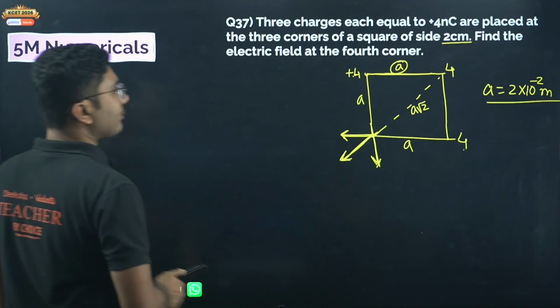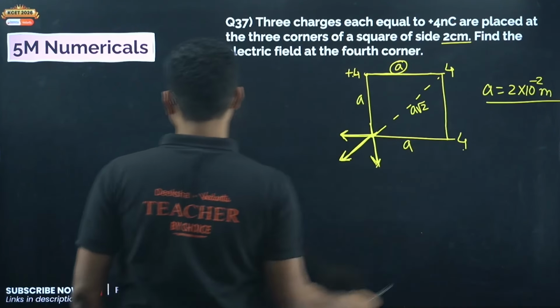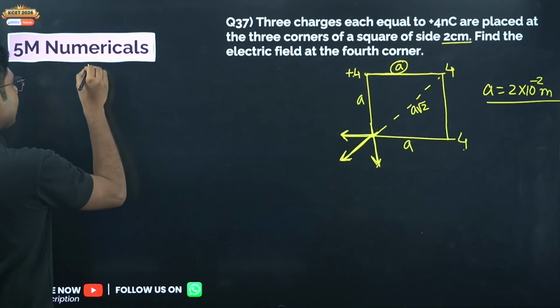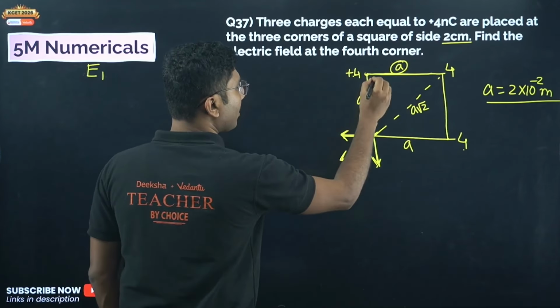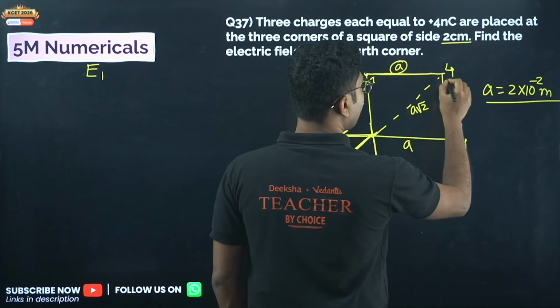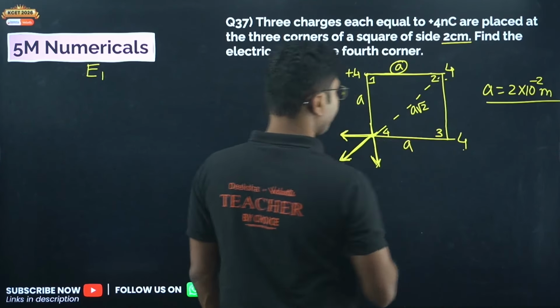Now first we will calculate the electric field due to this and this, both are same, and that we will say E1. So this is point number 1, point number 2, point number 3, point number 4.